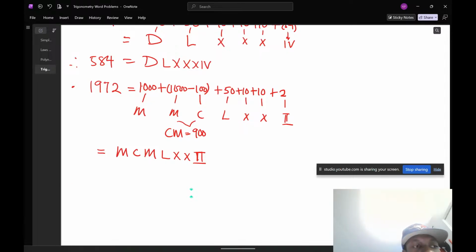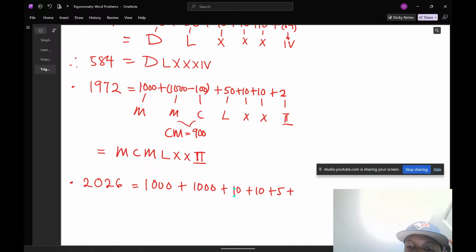This will be the last one I will do. Then I'm going to be talking about addition and subtraction of Roman numerals. Okay, let's do 2026. We can do it as 1000 plus 1000 plus 10 plus 10 plus 5 plus 1.